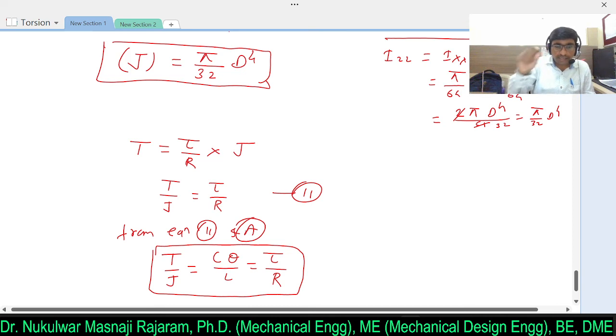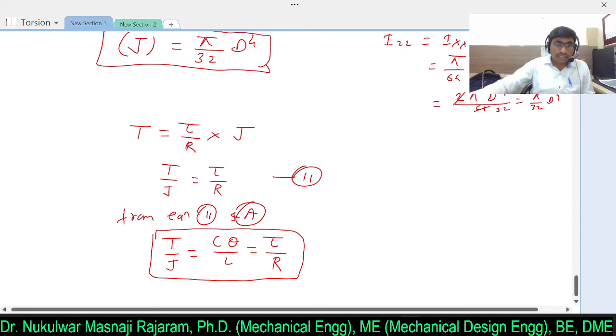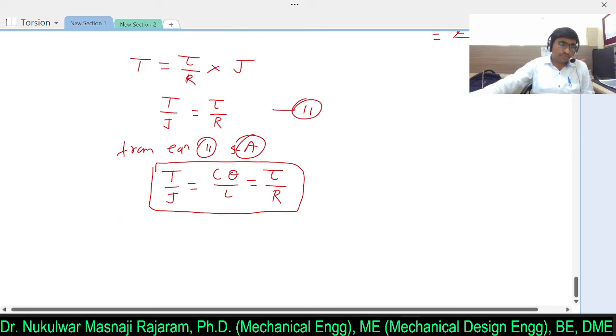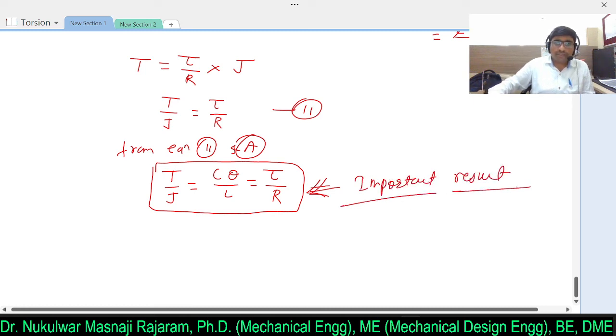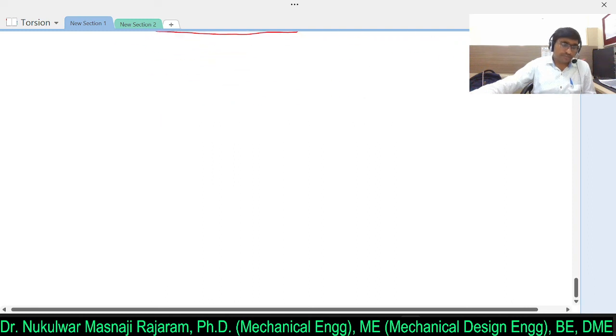L is the total length of the shaft. Tau is the shear stress acting on the shaft when the radius is capital R. R is the radius of the shaft, clear. I hope you understood this equation. This is a very important result we got. From this one equation we can solve any kind of numerical based on torsion, clear.